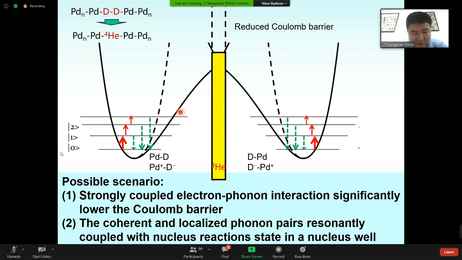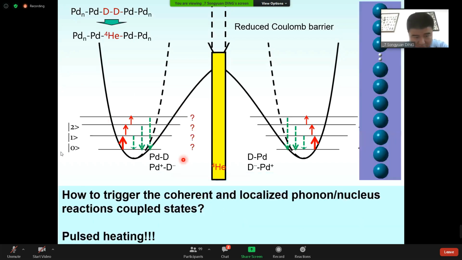That might be why triggering the condition is very tricky, and the reproducibility is ultra low. So the problem is how to make this reaction take place, how to trigger the coherent and localized phonon nuclear reaction coupled state. Our preliminary answer is pulse heating.